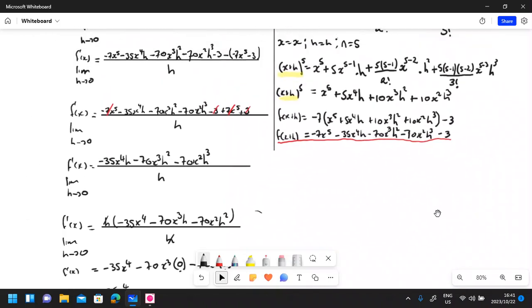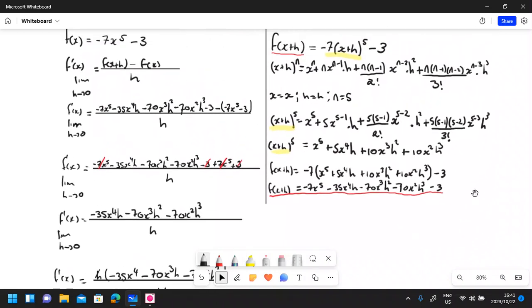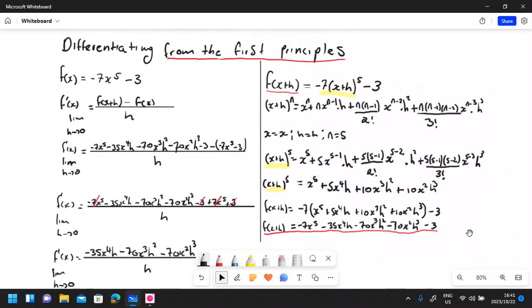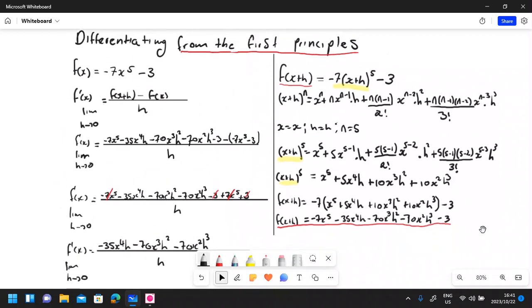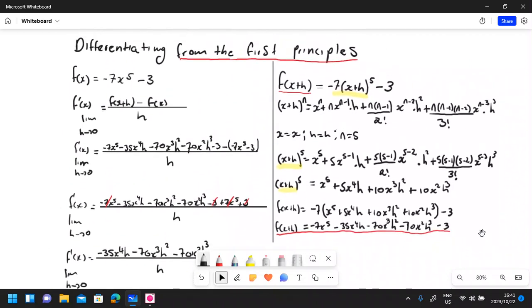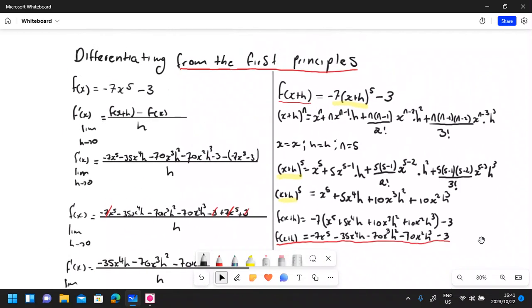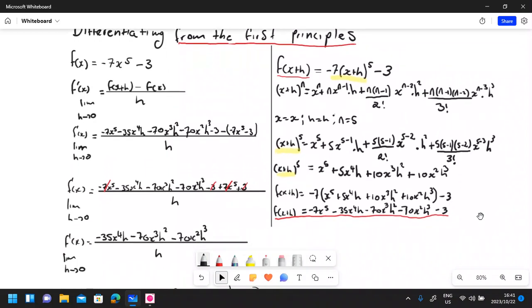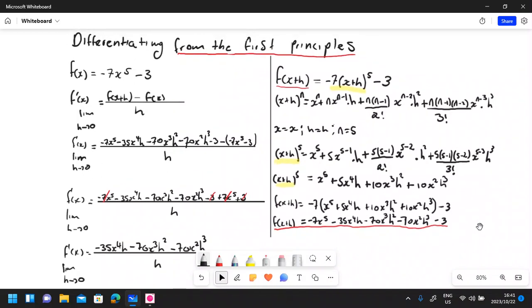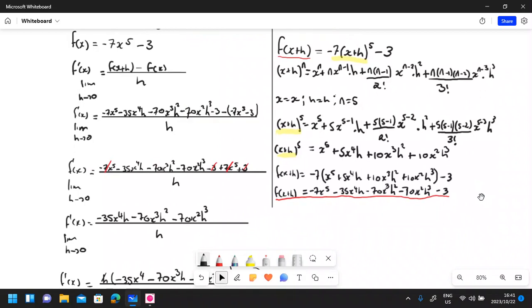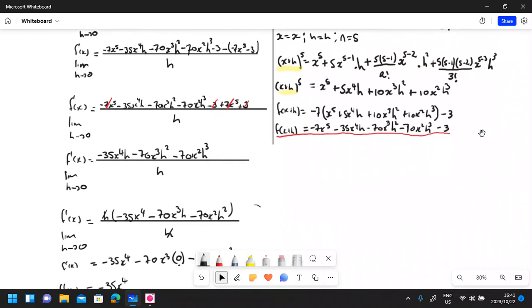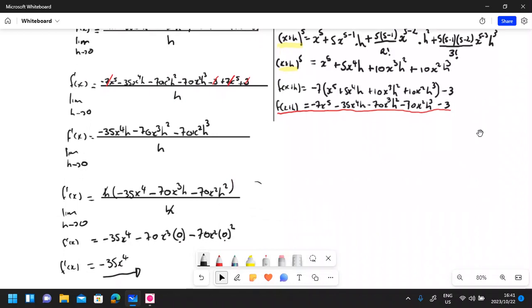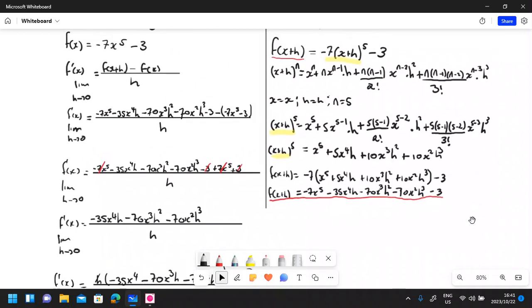If it so happened that you didn't understand, you can rewatch this video until you understand. Do not forget, guys, that we were supposed to differentiate using the first principle. So don't forget, you're supposed to use the formula, and do not expand it to the fifth term. There's no need for that. Expand it to the fourth term, and that is enough. You get the very same answer that we got there, which is negative 35 x to the power of 4.